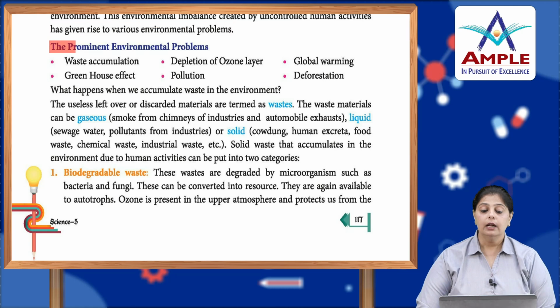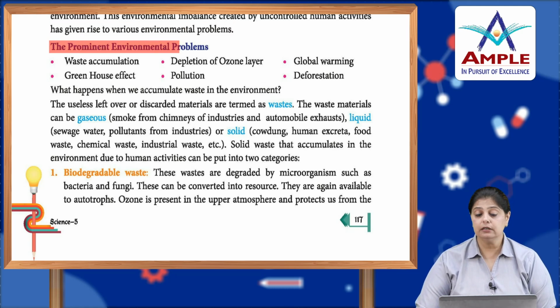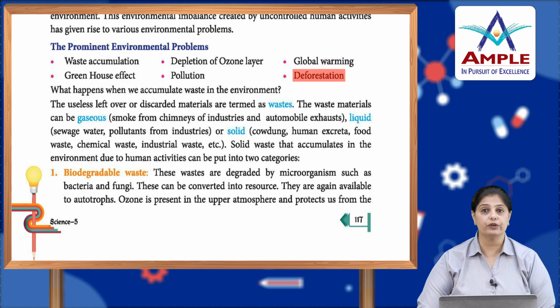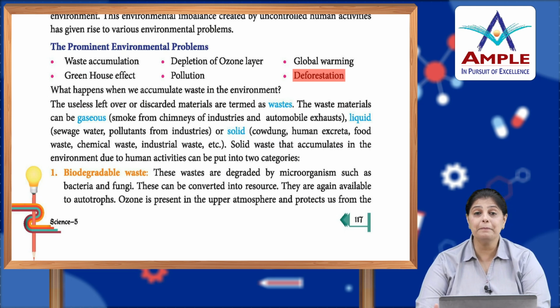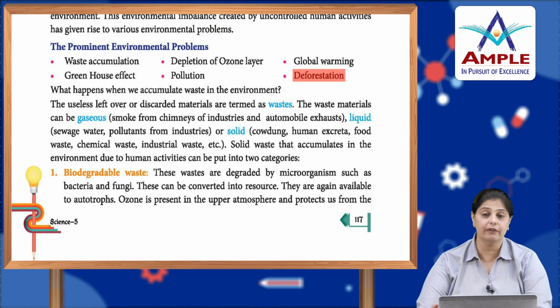Now, the prominent environmental problems. What are the prominent problems here? Waste accumulation, depletion of ozone layer, global warming, greenhouse effect, pollution and deforestation. These are different types of impact of human activity on the environment.